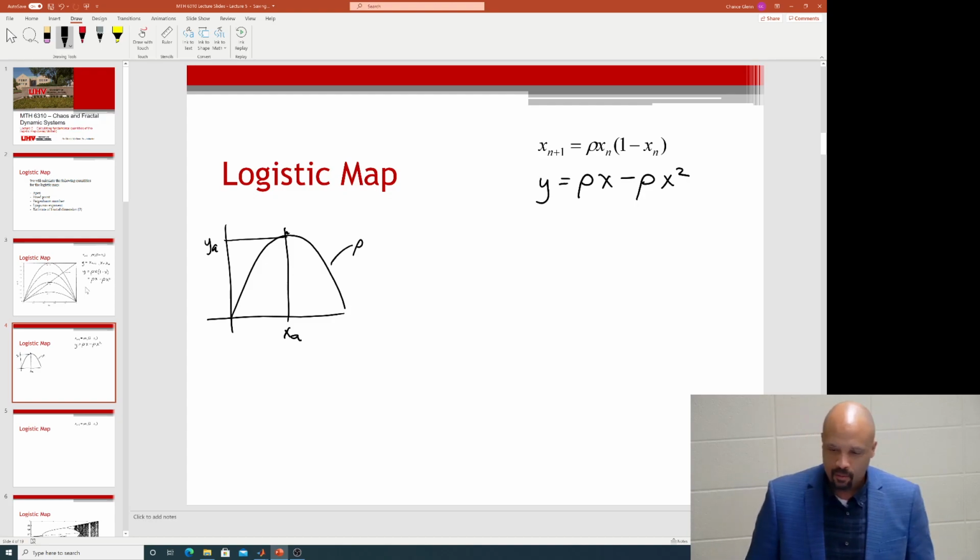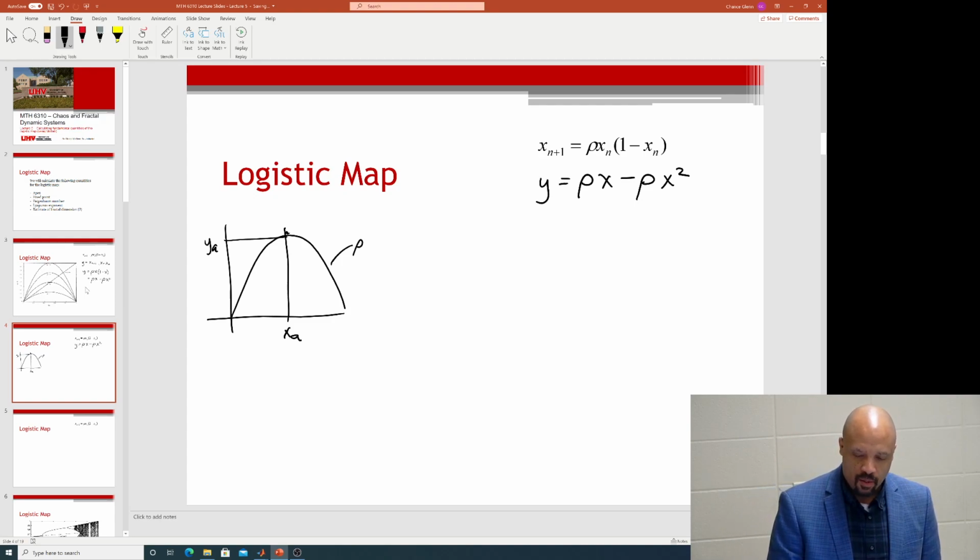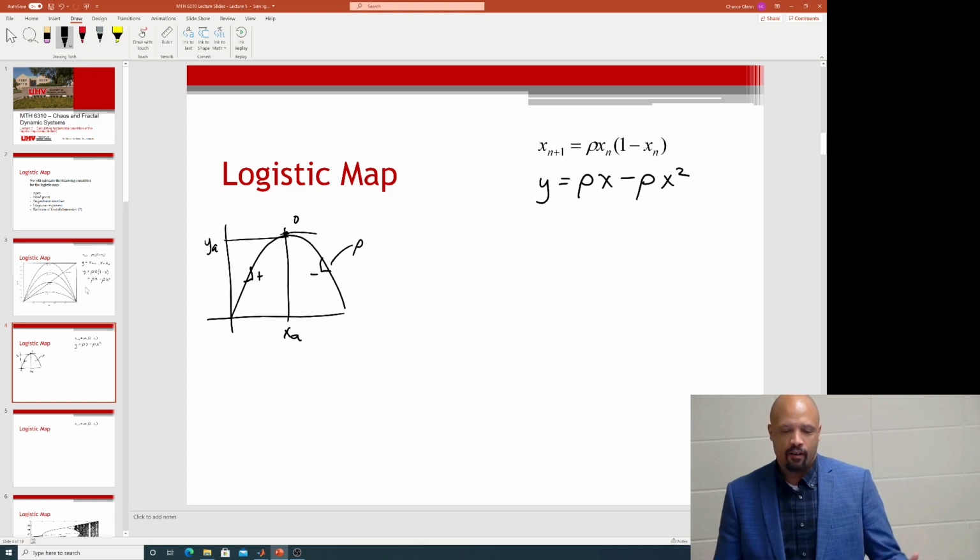The reason why we take the first derivative and then find where it's 0 is that as you go up, the slope is high and positive. When you go down, the slope is negative. But at the peak, especially if you have a single humped map, the slope is 0. So you're trying to find that point.